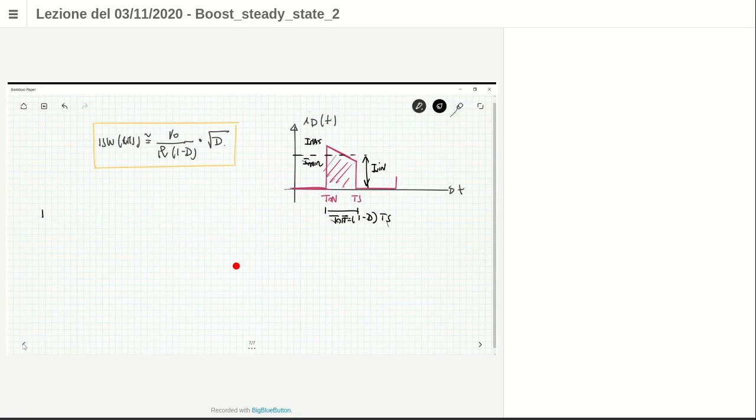So the area is, we can call ID also in this way with capital I. And this is a trapezoid, so we can get the area as I max plus I minimum divided by 2, and then multiplied by Ts (1 minus D), divided by Ts.